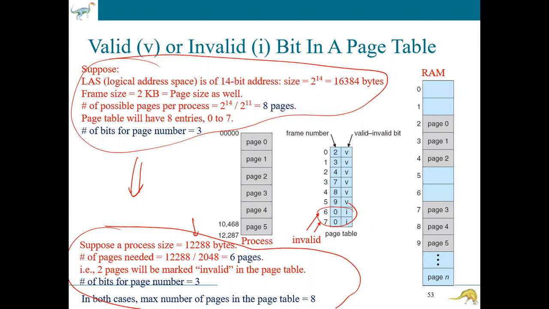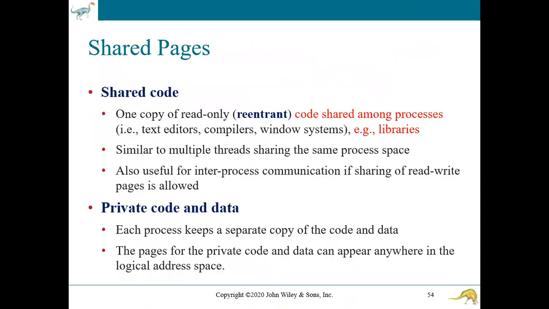The bits are used, but there are pages which are not really used in the page table. So you will have a space which is less than the maximum possible.